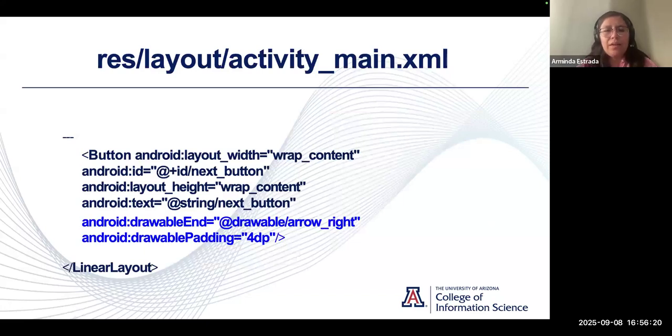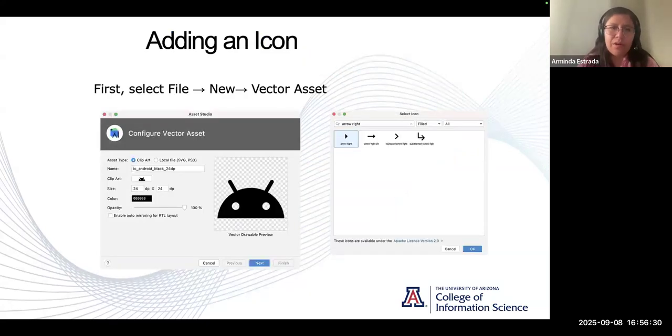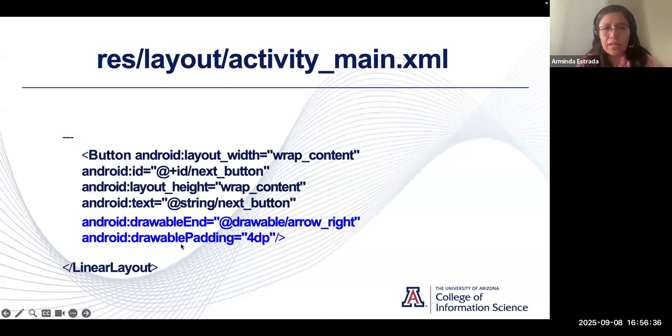And so now going back into the resource layout activity XML file, after you go ahead and create a vector asset for your icon, we're going to go ahead and call it in. So how do we do that? We do android:drawable=, and then whatever we named it.